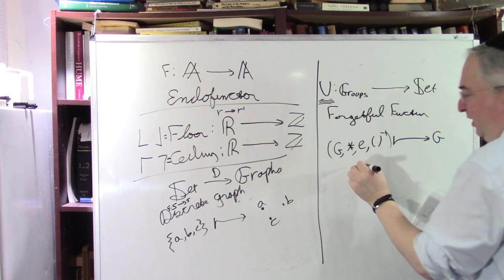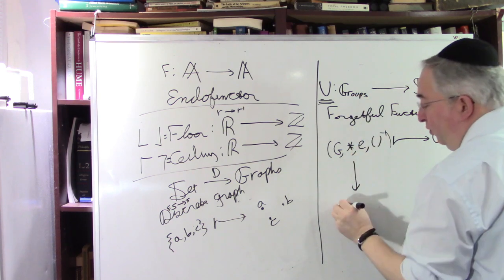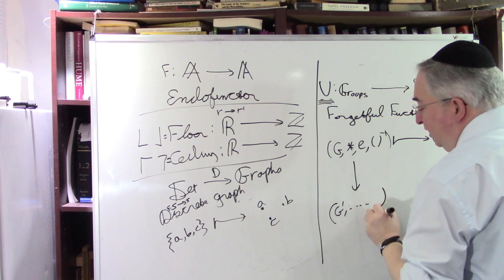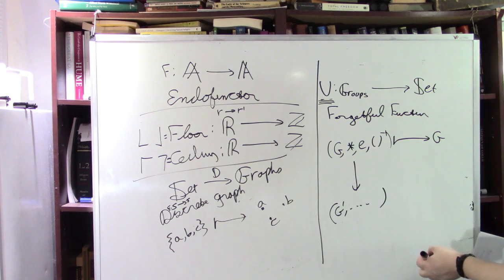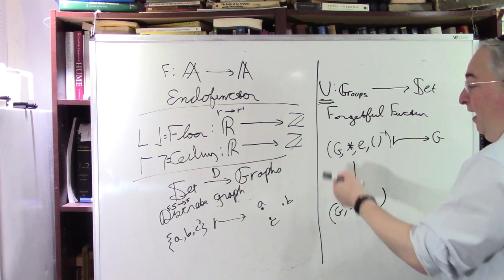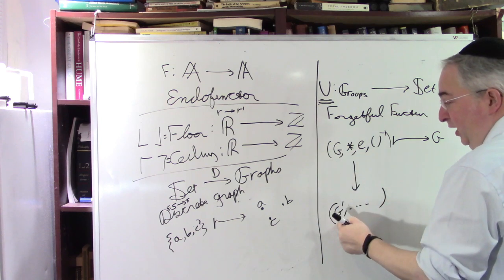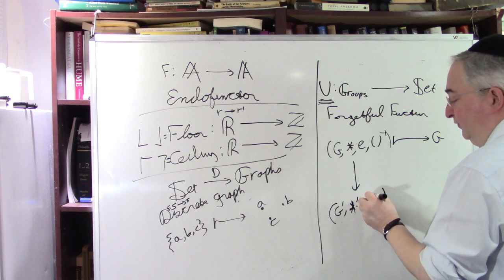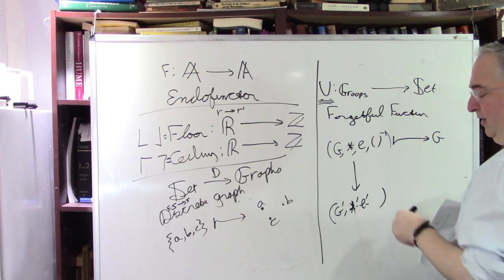More importantly, if you have a group homomorphism from G to G prime, well, what's a group homomorphism? A group homomorphism is a function from G to G prime such that the operations are preserved. I don't have to write it all out.